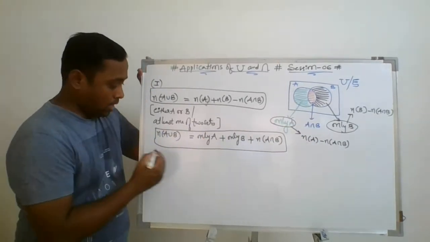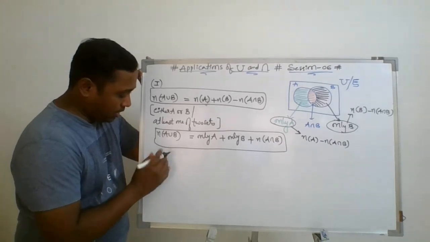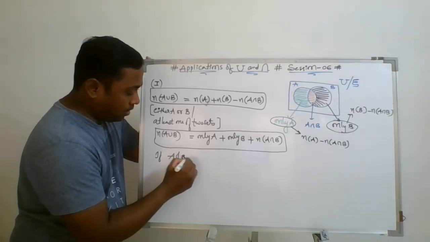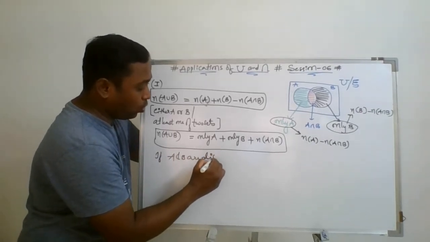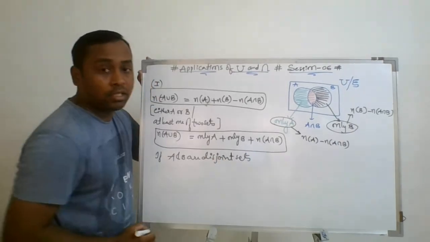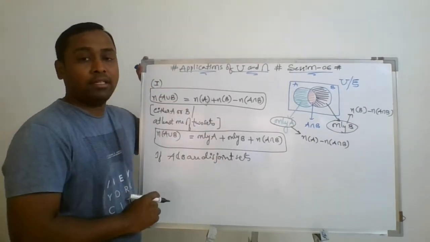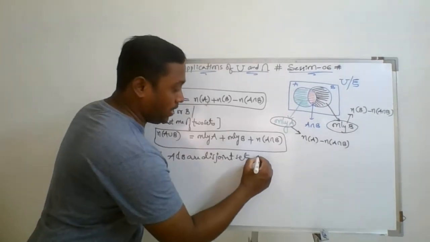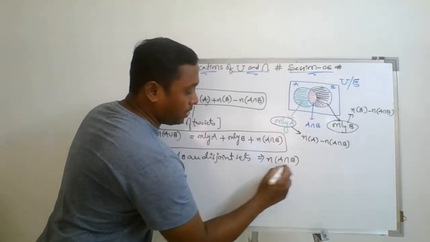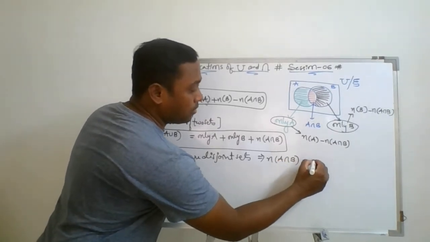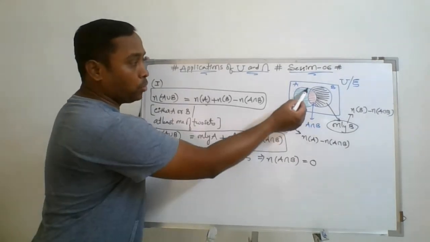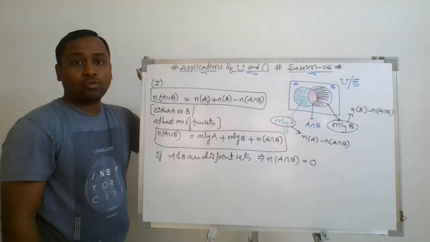Apart from this, now I am adding just a condition: if A and B are disjoint sets. What is meant by disjoint sets? Disjoint means there is no common element in both the sets. It implies that number of A intersection B is zero, there is no element in the common area, hence this red portion will be blank. So what is left?